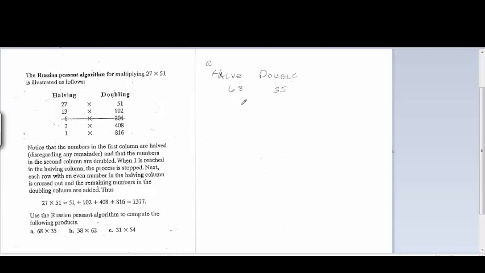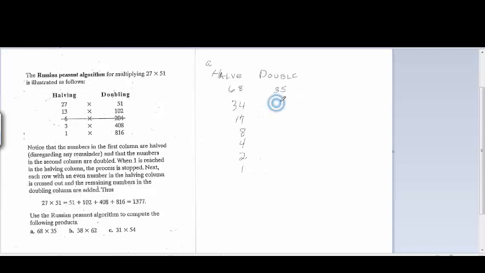So let's start by having the 68. So we're going to get 34. Half of 34 is 17. 17 rounded down to 16, and half of that would be 8. We have 4. Next, what would we have? 2 and 1. So now we're going to double 35 just as many times.